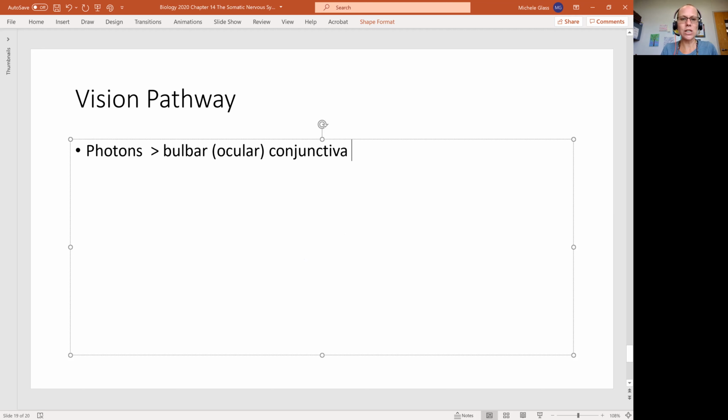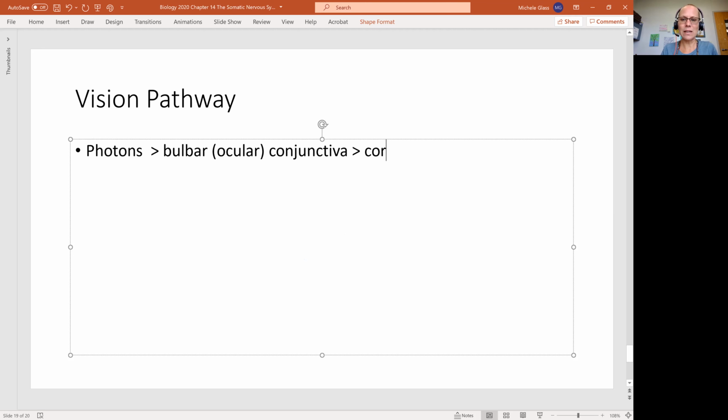So remember, we mentioned that you have the palpebral conjunctiva lining the inside of the upper eyelid, and then it becomes called the ocular conjunctiva over the eyeball itself, and then palpebral lining the inferior eyelid.